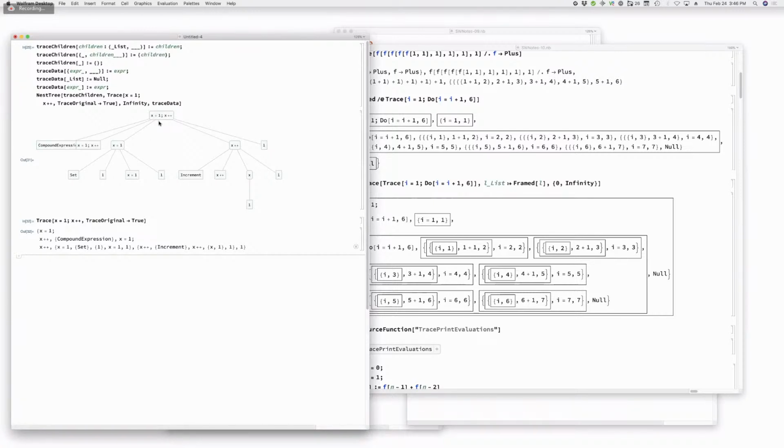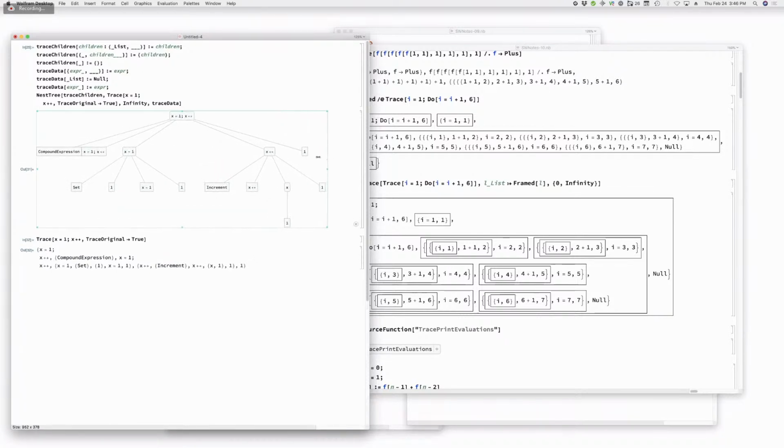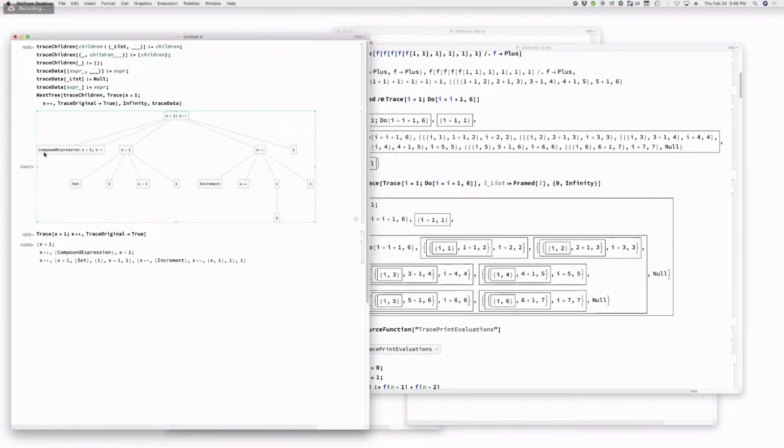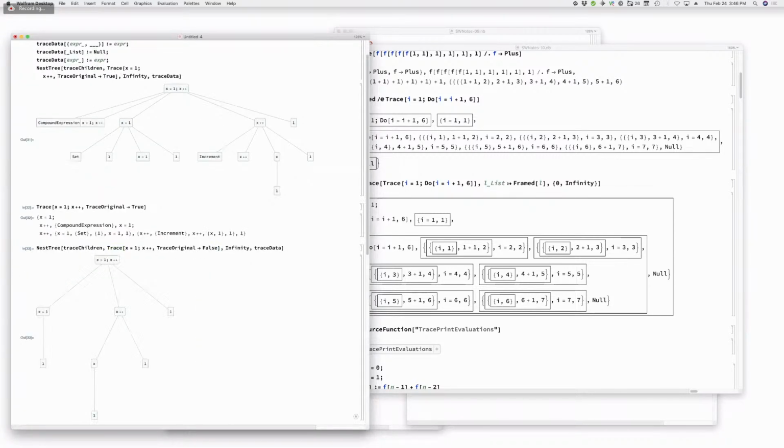Okay, so x equals 1, x plus plus. I'm a little bit confused here. What does the original trace go to? It goes to true. You change that to false, you get the default behavior. Let me try doing this: just do nest tree of that, like this.